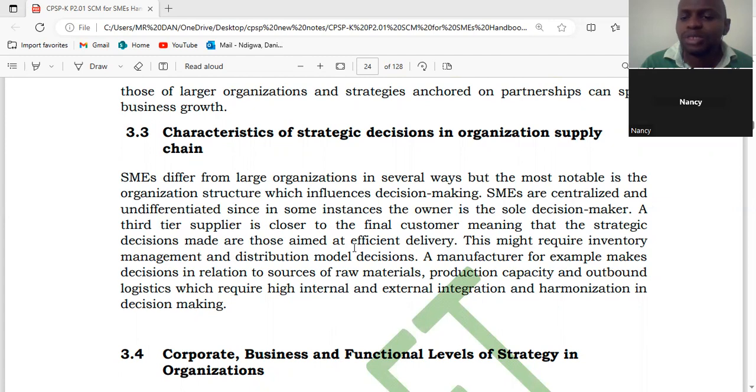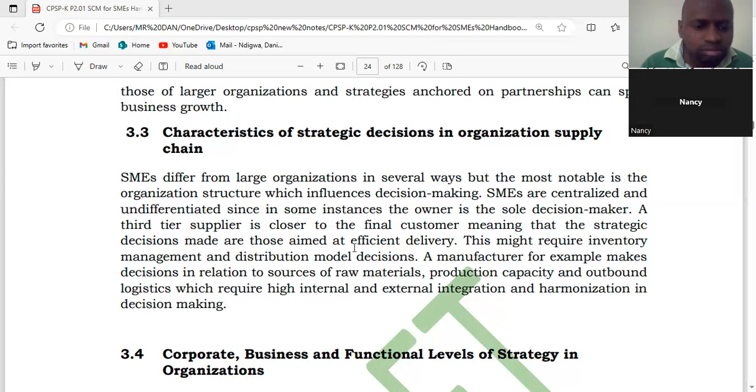And when small medium enterprises, you find that all the decisions are centralized in one person or the owner of the business, and that is very, very bad. But when you look at these big organizations, you find that sometimes they can also hire the services of consultants who can assist in making strategic decisions for benefit of the organization.